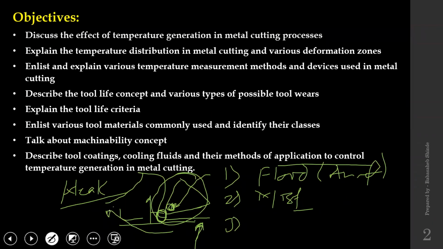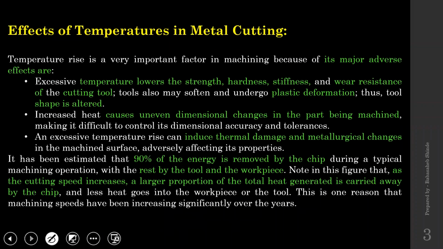So if you can maintain the strength within desirable or acceptable range, then you can go for this third method also. This method is called through tool cooling, because we are providing coolant through the cutting tool itself. So that would be the third method.